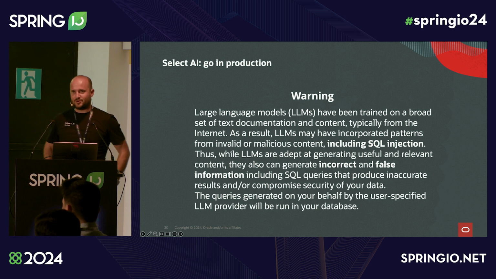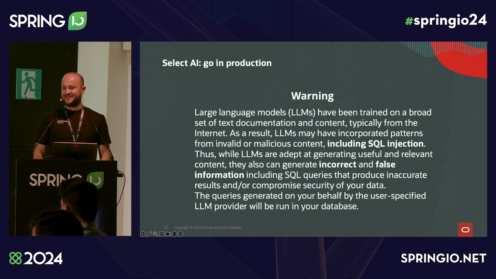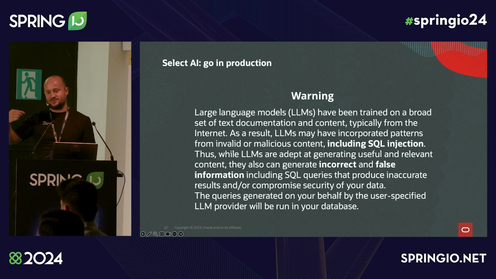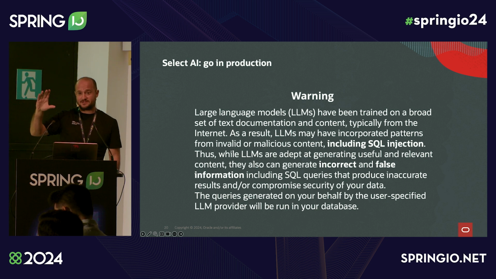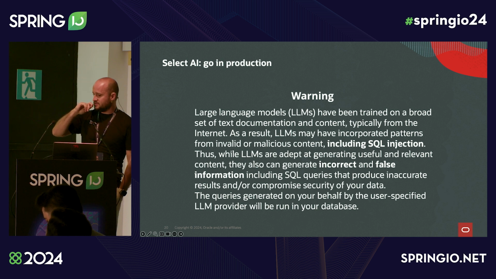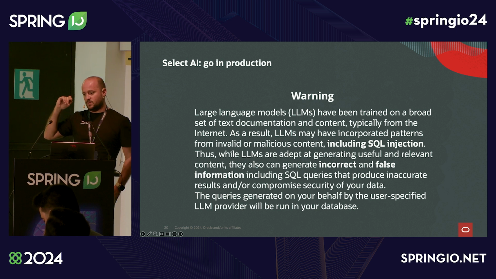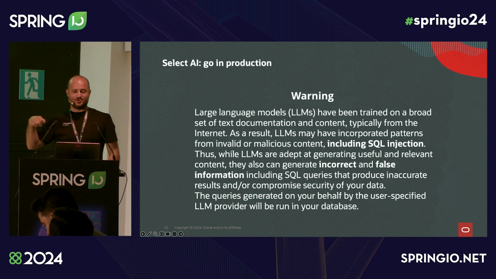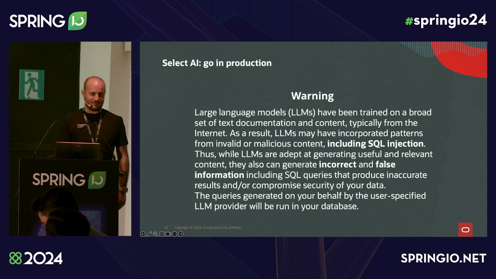Going to production, that's where we were discussing security, and it gets nasty eventually, I guess. You have to trust the LLM. You can create your own LLMs, that shouldn't be a problem. But if you are using these LLMs, you have to trust that they weren't trained on bad intentional posts in Stack Overflow, for example.